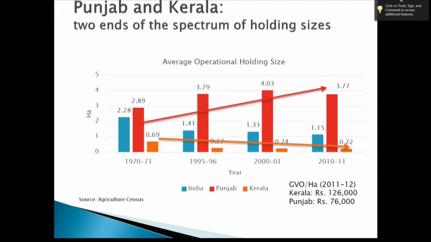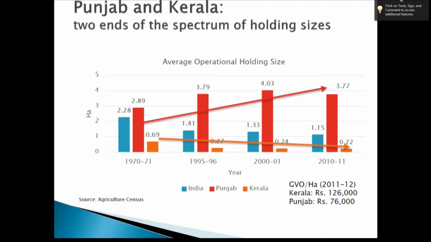But if we looked at the gross value of output per hectare in 11-12 terms, and that's given in the right-hand side small box there, Kerala has produced about 1,26,000 of GVO per hectare, whereas Punjab is 76,000. This explains the value of output that they are generating, or the basket of goods that they are producing.